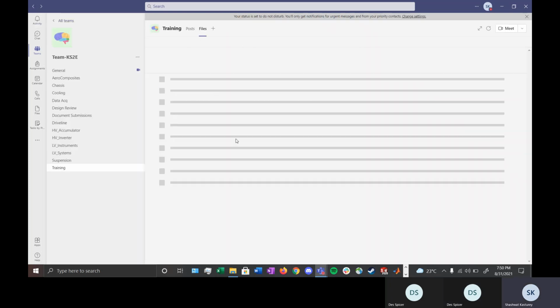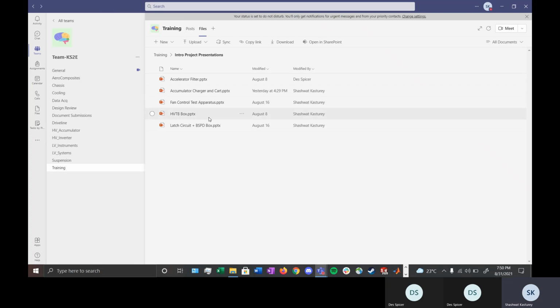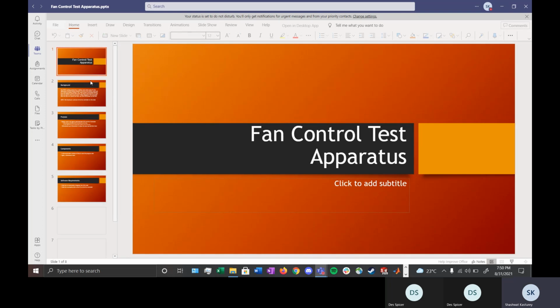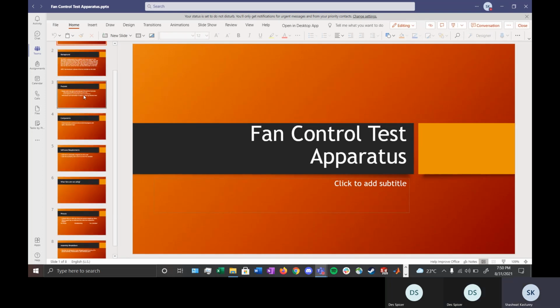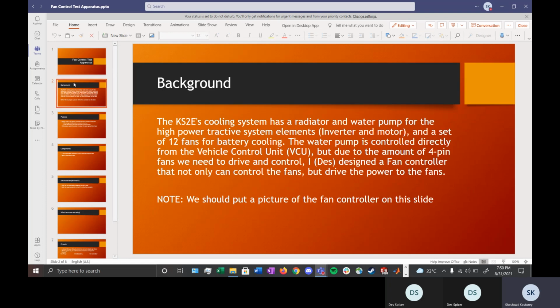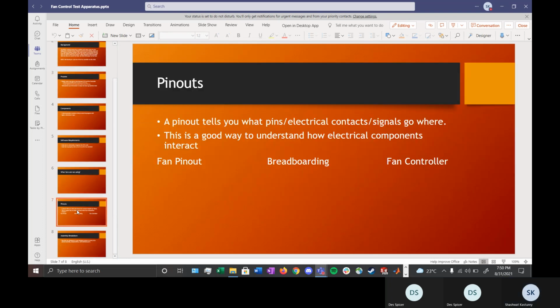The other intro projects include the fan control test apparatus. This is the most pretentious name ever. Indeed. And you can tell because I named it. But this will basically just be making sure our fan controller can control the fans.